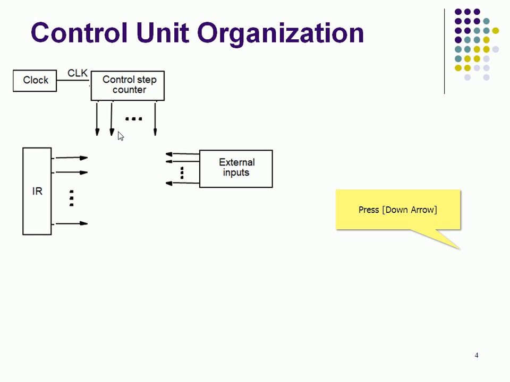The external inputs are outside the premise of the processor: some exceptions, some interrupts, power failure, some high priority interrupts may also come here. So that is an external input we need to consider.